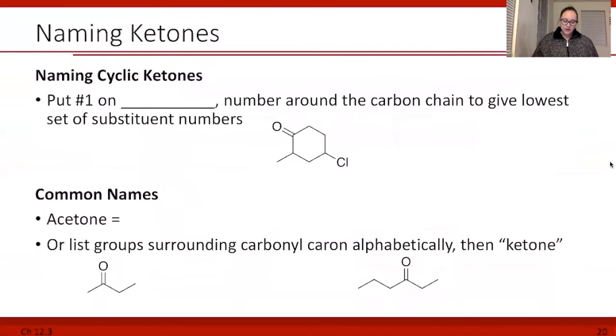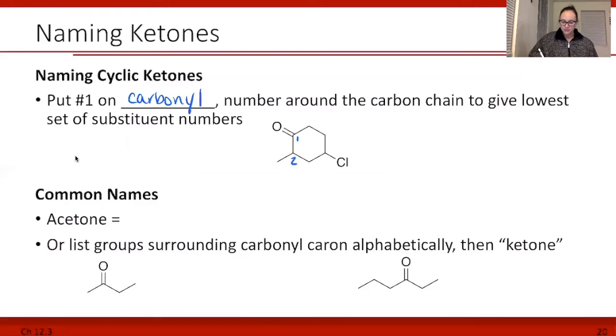Okay, we also have to look a little bit into naming cyclic ketones because those happen fairly often. We're going to label our number 1 carbon on the carbonyl, and then number the carbon chain to give us our lowest set of substituent numbers. So let's just try it. If we put number 1 at the carbonyl and go down instead of to the right, we hit our next substituent right there.